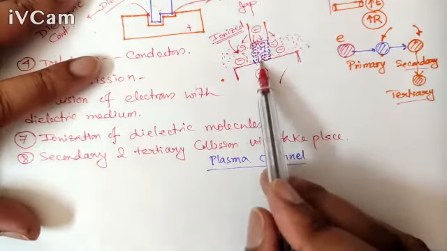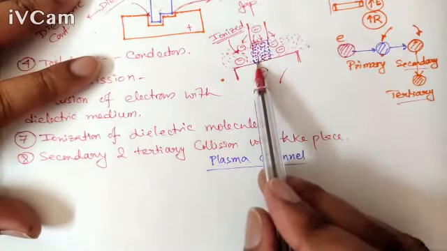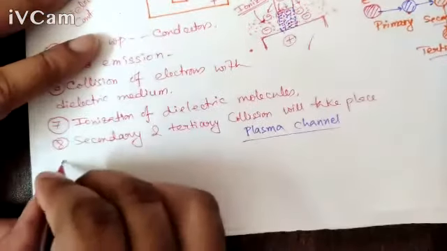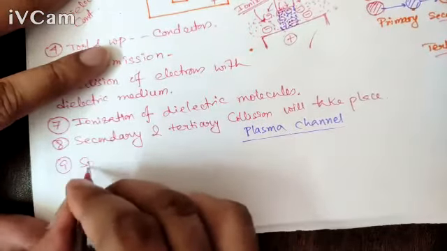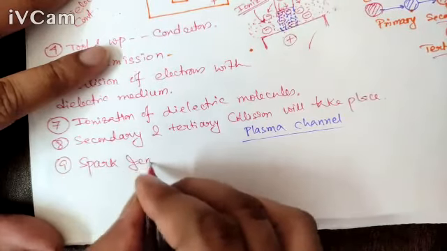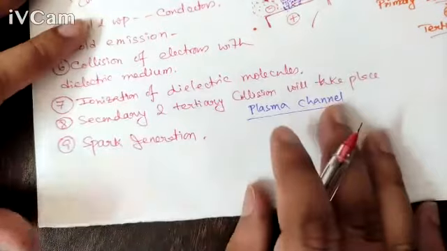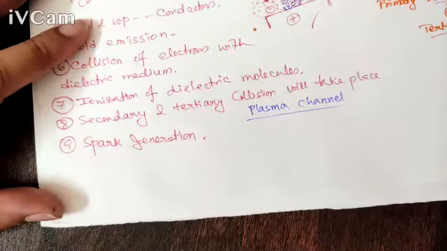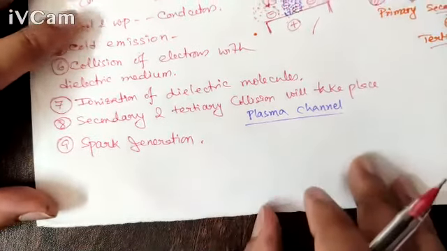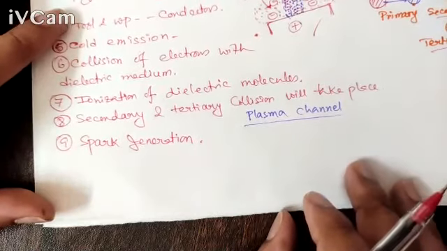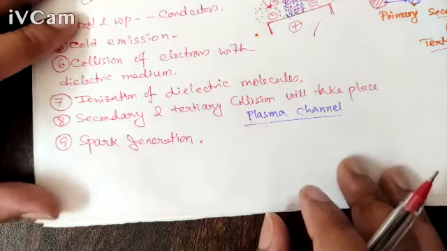So the ninth one is spark generation. Last class I already told you the difference between spark and arc and how it is maintained. Anyhow, next one I'll discuss.